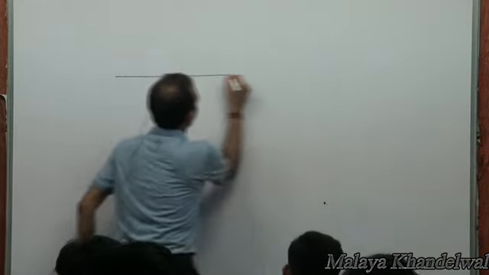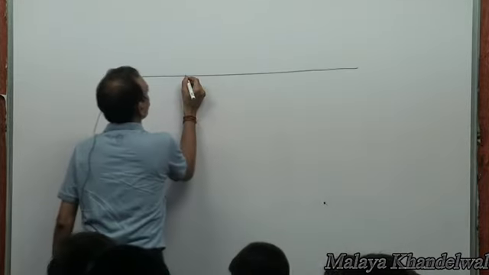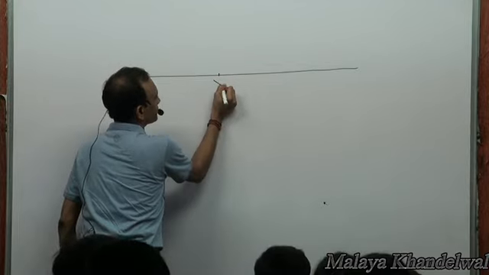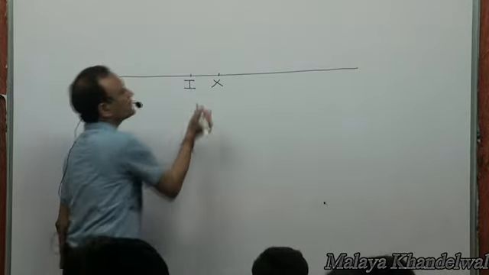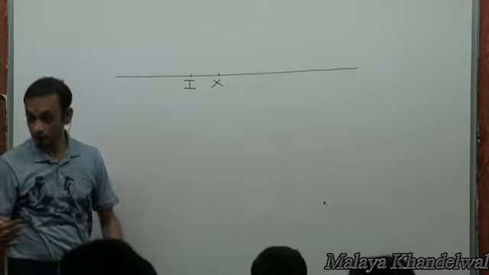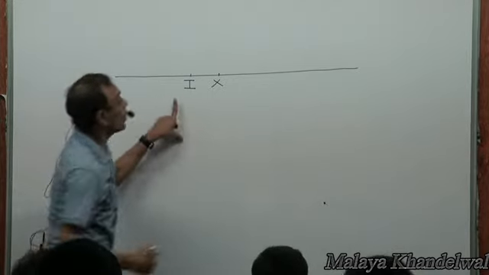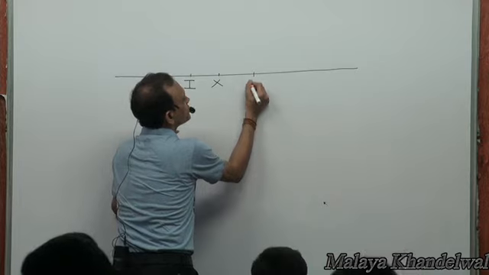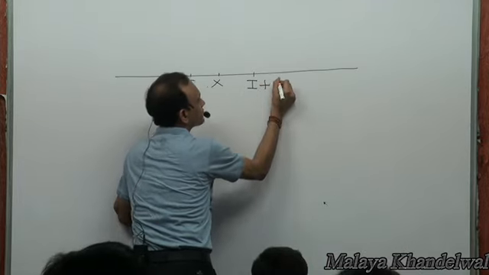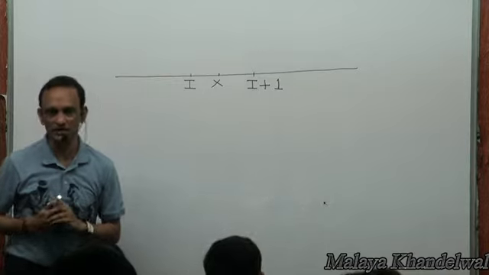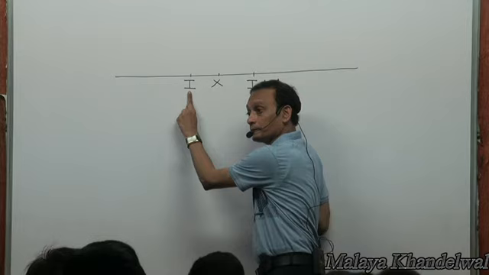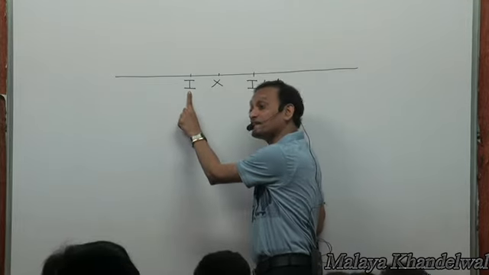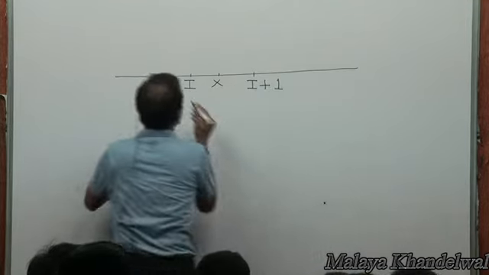Say, if x is any real number, then either x will coincide with an integer I, or will lie sandwiched between two consecutive integers I and I plus 1, right? This I was referred to as box x.